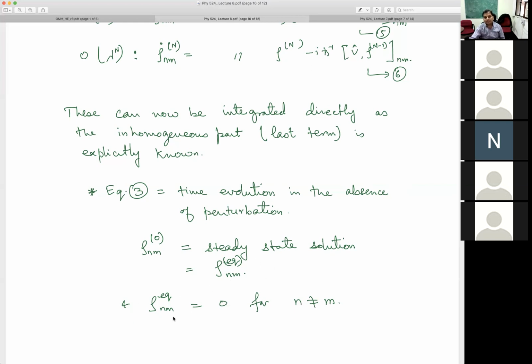And I'll also argue that rho nm equilibrium is 0 for n not equal to m, meaning in the steady state, without light matter interaction, I will have no coherent superposition of states basically. Okay. So the atomic collisions will cause enough fuzziness so that all coherent superpositions sort of die out.